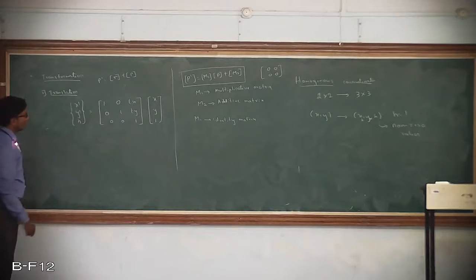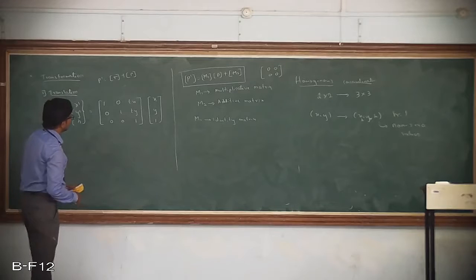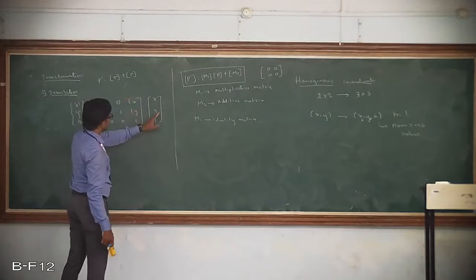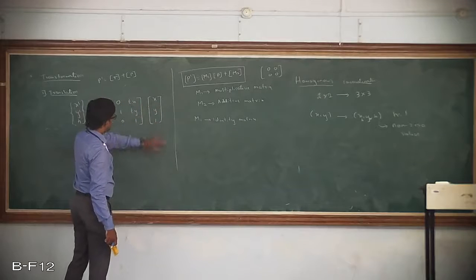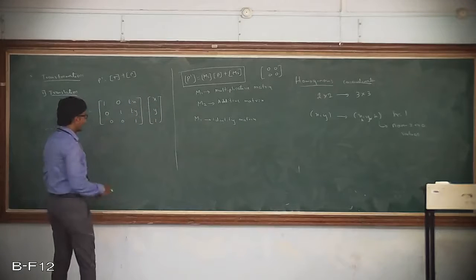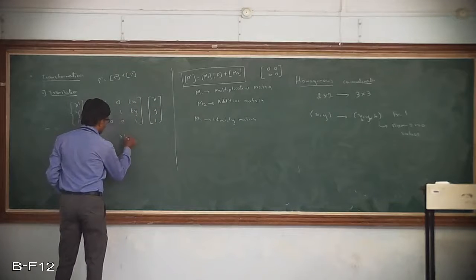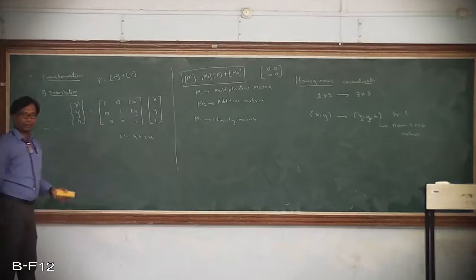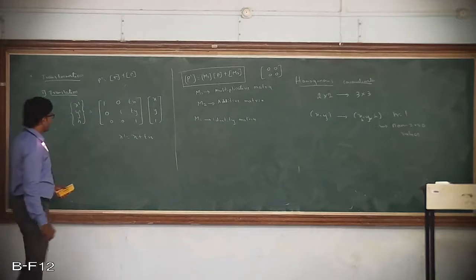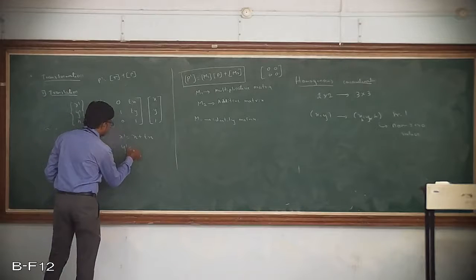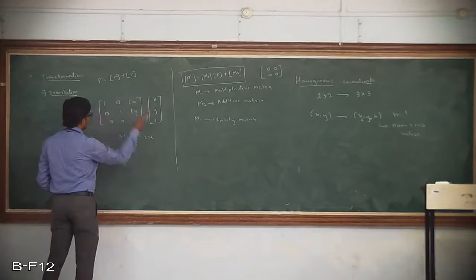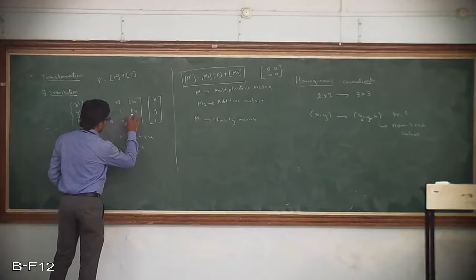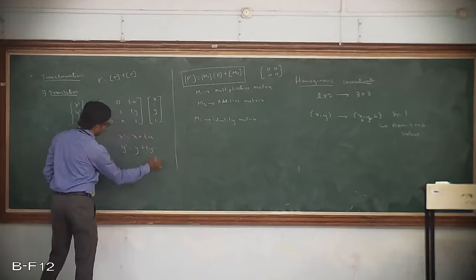Clear? So if I do the multiplication of this, 1 into x is x, 0 into y is y, plus tx into 1 is tx. So what you get is x dash equals x plus tx. This is correct. Similarly for y dash, 0 into x is 0, 1 into y is y, plus ty into 1 is ty.